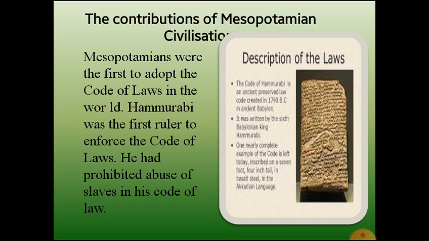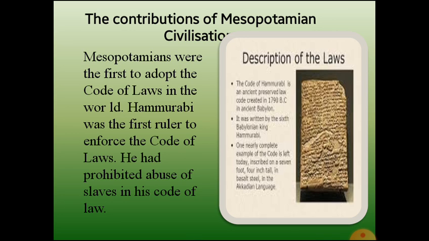He prohibited abuse of slaves in his code of law. Mesopotamians had established trade relationships with Harappa and Egyptian civilizations. Each city had a guardian deity, as in Egypt. High-rise temples named ziggurats were built here. Cuneiform script was used by these people.